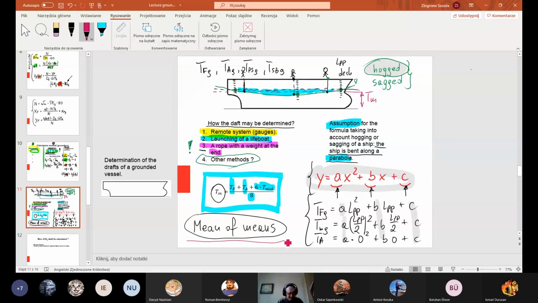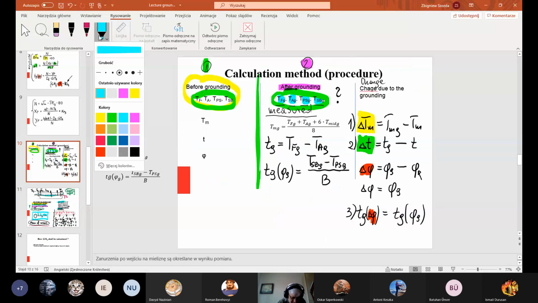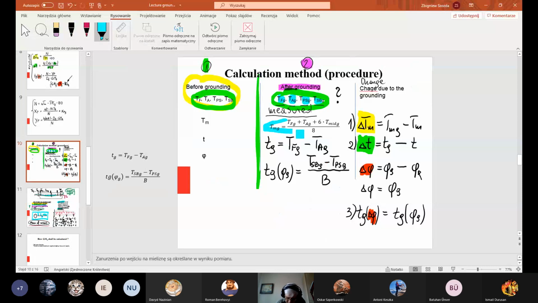So this is the reason why I put such a formula to calculate the mean draft after grounding. The background of this formula is that the ship is bent somehow, and this phenomenon is taken into account, assuming that the bending line is a parabola, and that gives the mean draft of your ship.